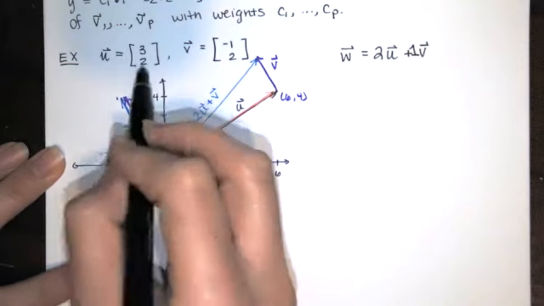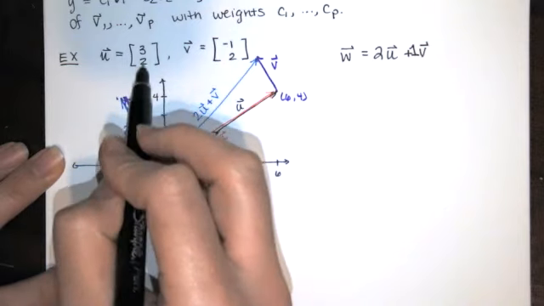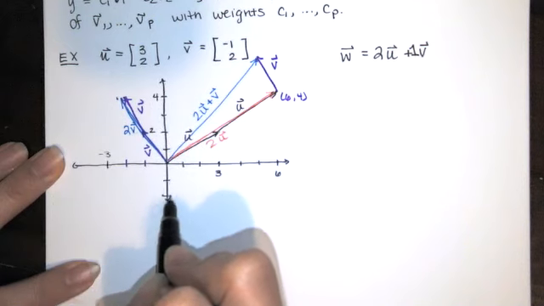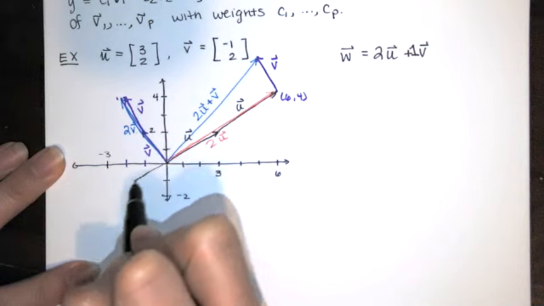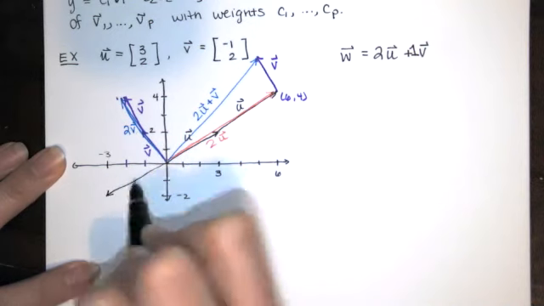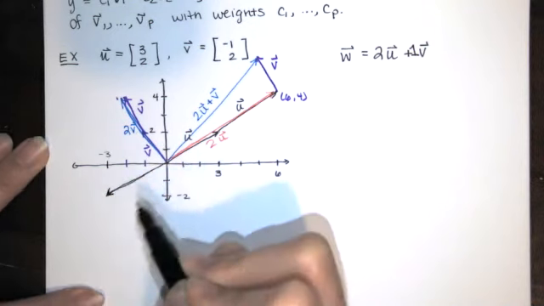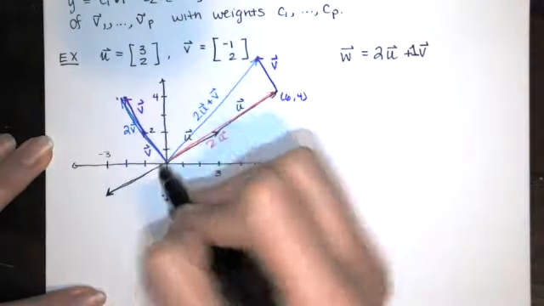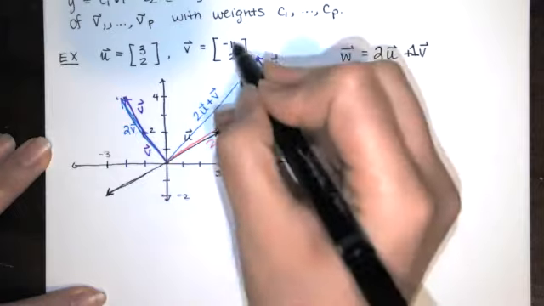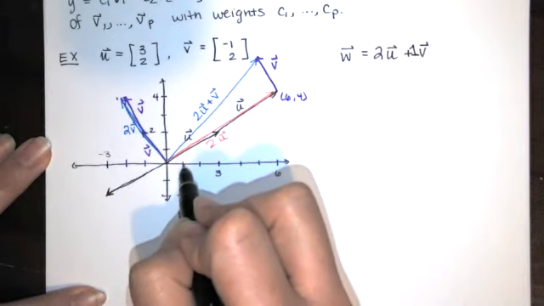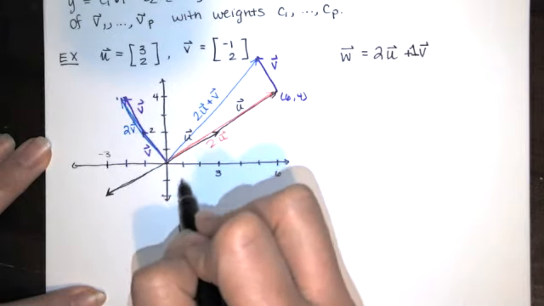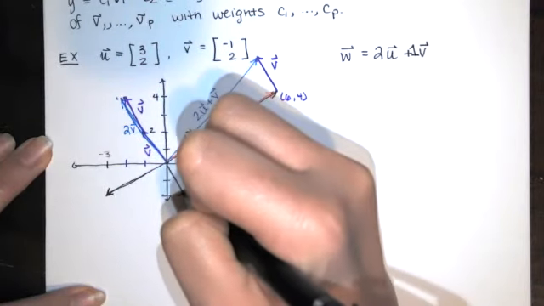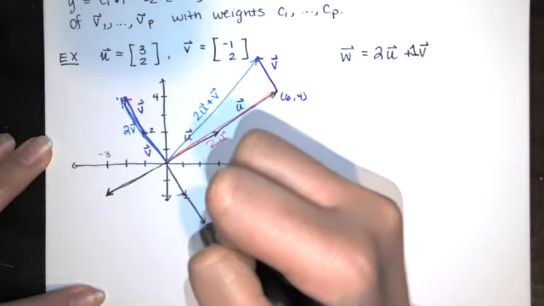The opposite of u would be negative 3, negative 2, so we go backwards 3 units in the x direction and down 2 units in the y direction. That's negative u, and then we could do that again. And then negative v, we would go positive 1 unit in the x direction and negative 2 units in the y direction, and then keep going.